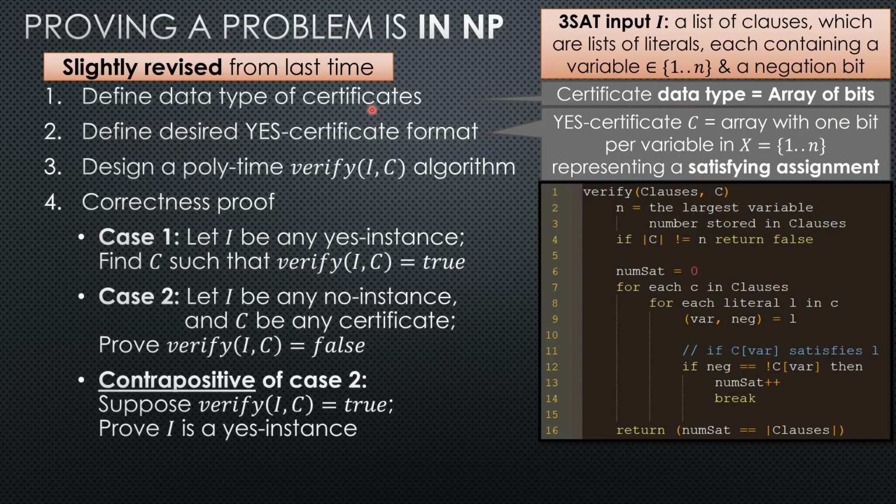To me, defining the data type of certificates is not really a big deal. The important thing is your yes certificate: it's an array with 1 bit per variable, there are n of those bits, and it represents a satisfying assignment. But you don't know that the oracle is going to give you any of this unless clauses represents a yes instance, a problem input where the correct answer is yes.